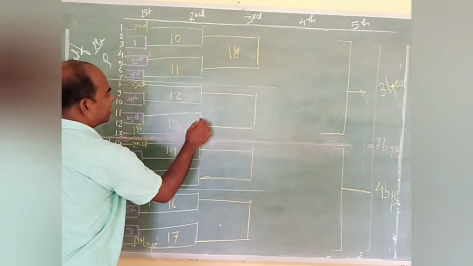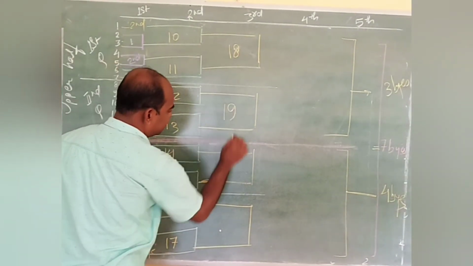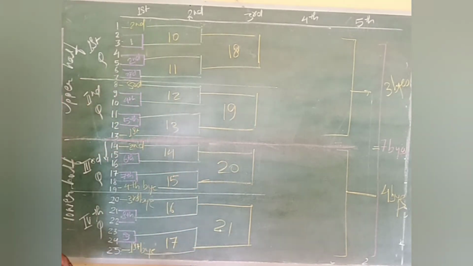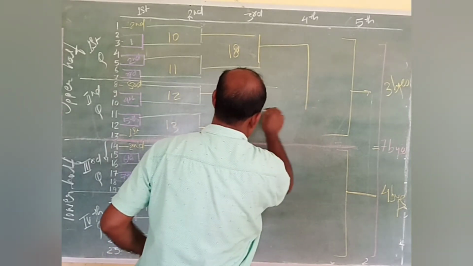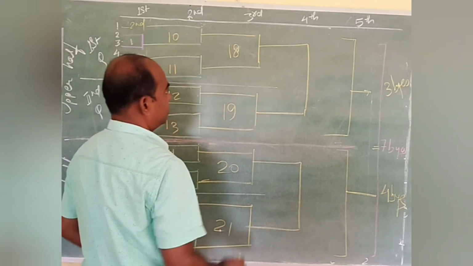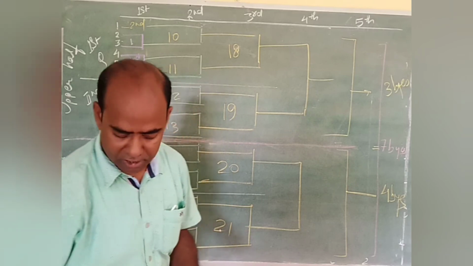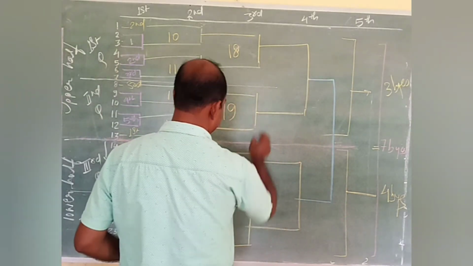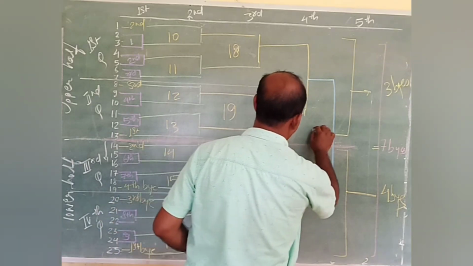Now we played here, so this is match number 19, match number 20, match number 21. Then the semi-final, the fourth round. And then I use another color: 20, 21, 22, 23, and this is the 24th match.